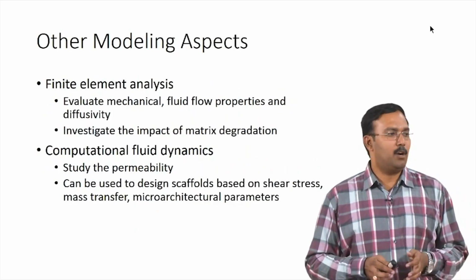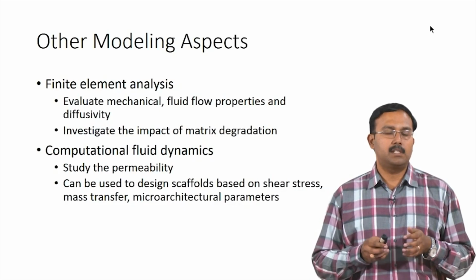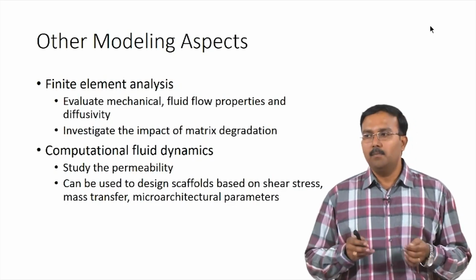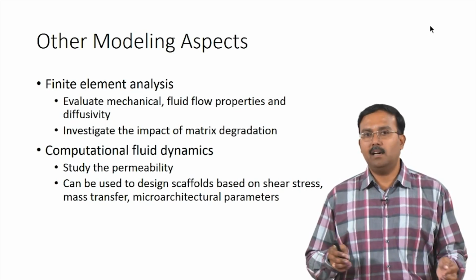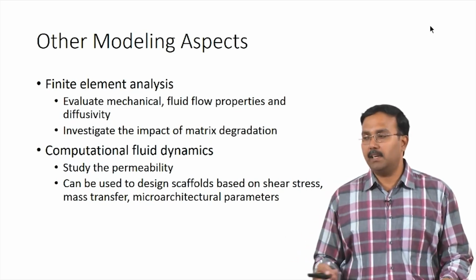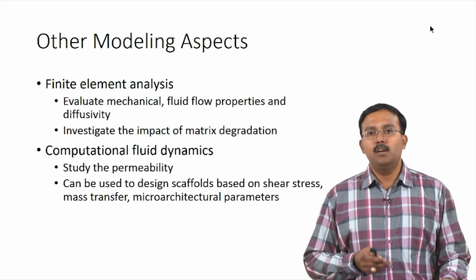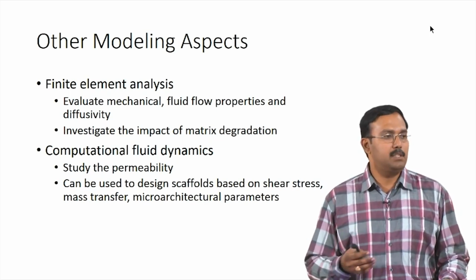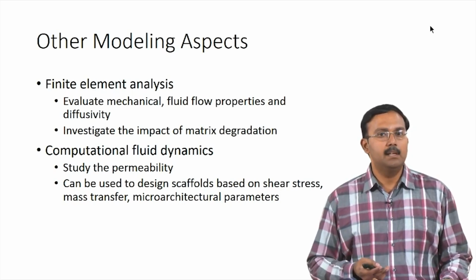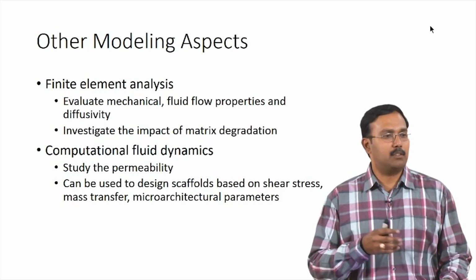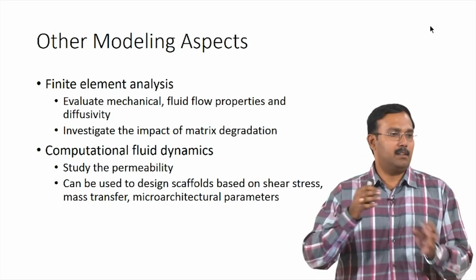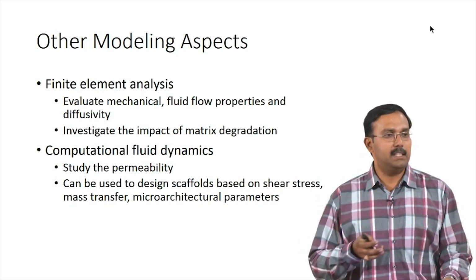There are also other modeling aspects which can be incorporated into 3D printing. It is not just for bringing in the internal structure. You can apply the finite element analysis method to evaluate the mechanical and fluid flow properties and diffusivity of a scaffold which you would be printing. You can also investigate the impact of matrix degradation, just looking at how the scaffold will actually change due to this.